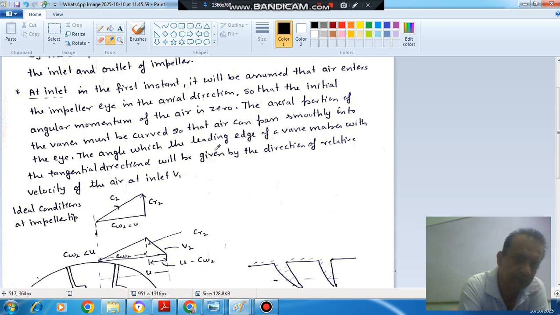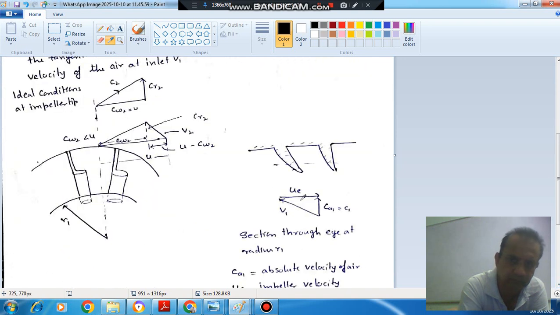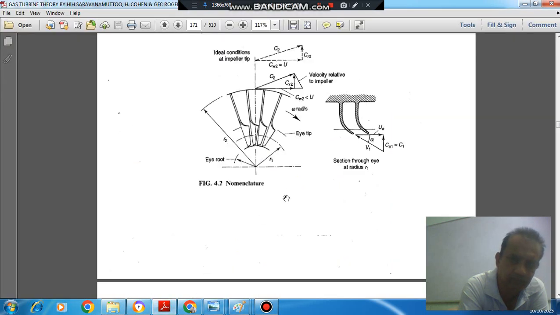The angle which the leading edge of the vane makes with the tangential direction is alpha. That is your alpha, as you can see in the diagram.